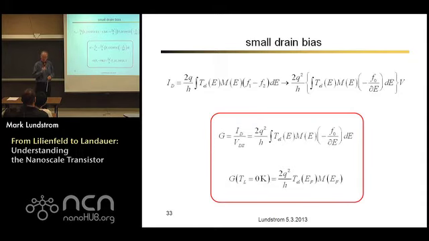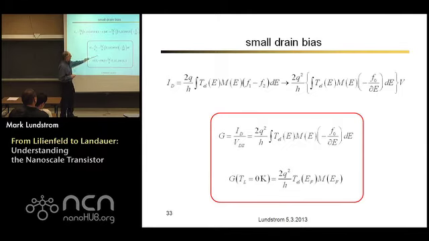If we go to 0 Kelvin, which we don't usually do as engineers working on MOSFETs, but physicists like to do that, right? You can find some really interesting fundamental physics. Remember, the Fermi function changes from 1 to 0 at around the Fermi energy. If you go to T equals 0, it changes very abruptly at the Fermi energy. That derivative becomes a delta function. It's easy to integrate a delta function.